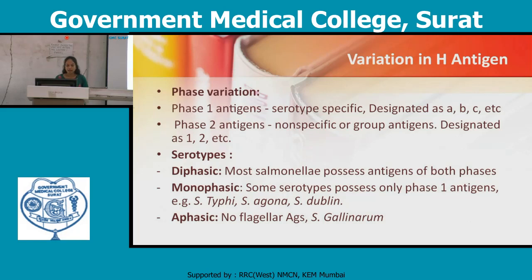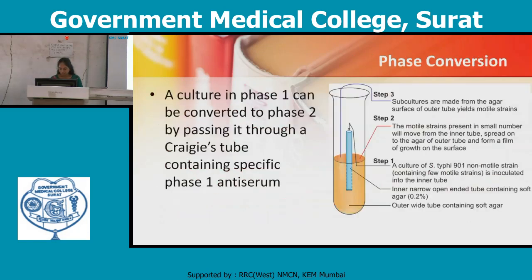Diphasic are most Salmonella, which possess antigens of both phases. Monophasic means possessing only a phase 1 antigen, as in S. typhi, S. agona and S. dublin. Aphasic ones don't have a flagellar antigen, such as S. gallinarum.